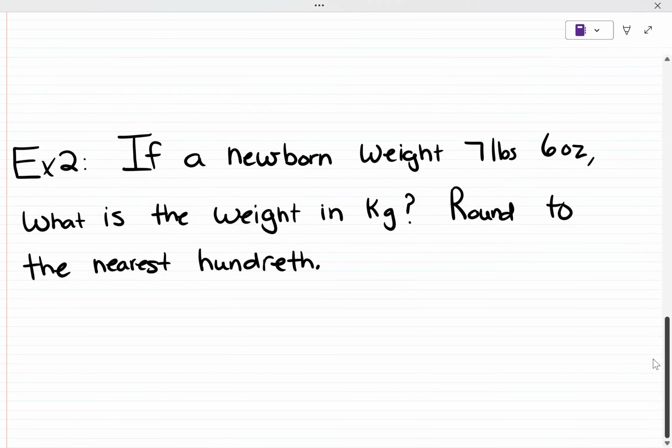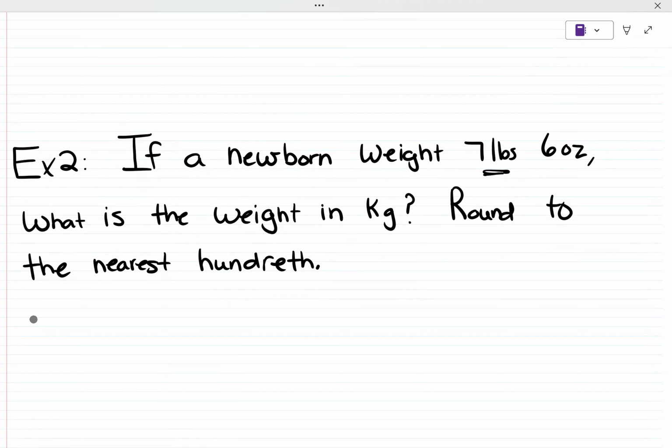So example two says, if a newborn weighs 7 pounds, 6 ounces, what is the weight in kilograms? Round to the nearest hundredth. So the only difference with this one is we have an ounce. This is not 71, this is 7, because it's a newborn: 7 pounds and 6 ounces. So I'm still going to do dimensional analysis.